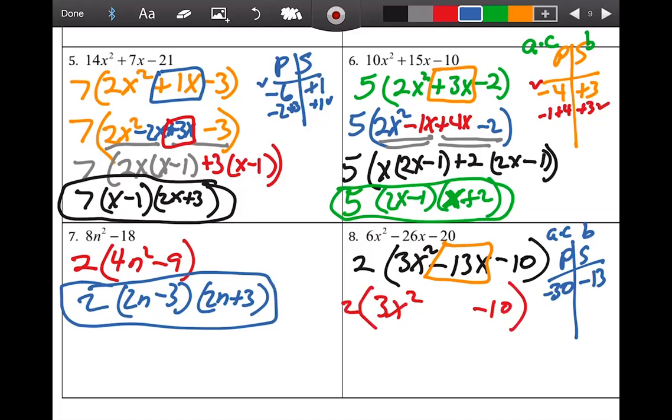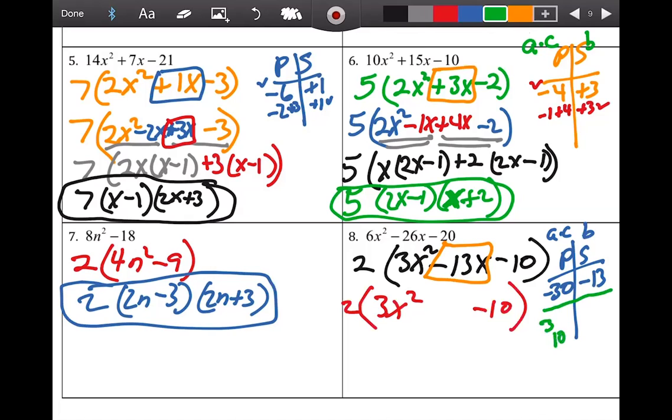Would it be negative 7 plus 5? Well, 7 times 5 is not 30. Remember, it has to be a product of negative 30. I want to say like the 3 times 10, but I don't know how I'd get that to positive 13.